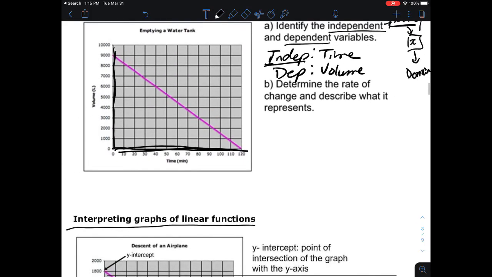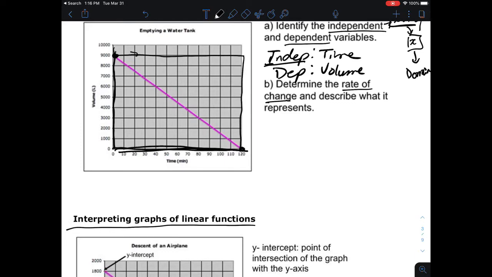All right, next question says, determine the rate of change and describe what it represents. So now I'm going to determine the rate of change from a graph. And to do that, I want to draw in a triangle that goes from one point to another point on that graph. And I'm just going to pick the two extremes and draw in this triangle here.